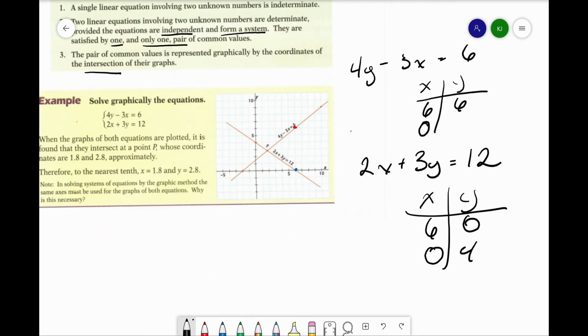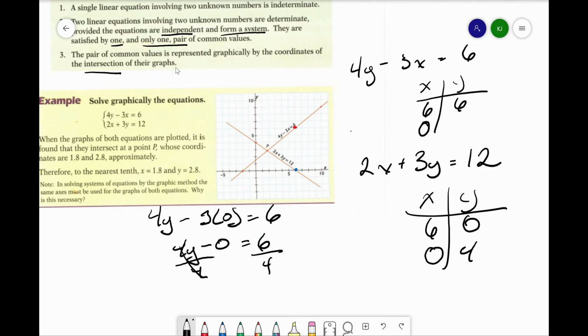And for our next one, 4y minus 3 times 0. Again, we end up with 4y minus 0. So go ahead and divide both sides by 4. So 4 goes into 6 how many times? Well, it's going to be a decimal, isn't it? We put a point and bring a 0 down.